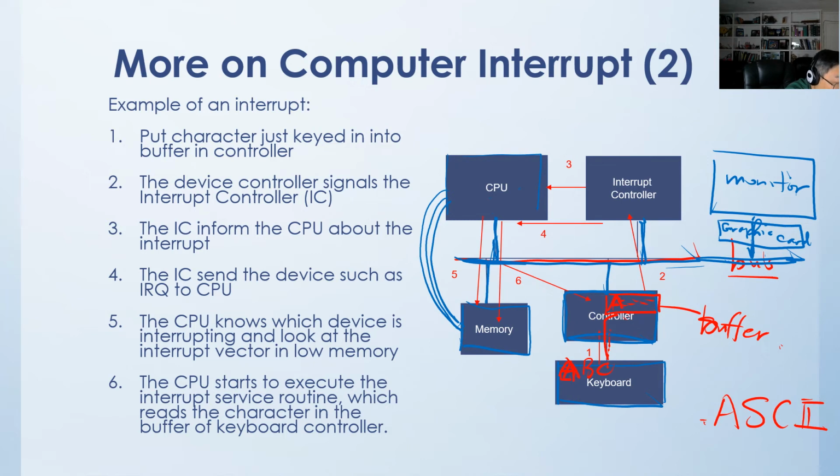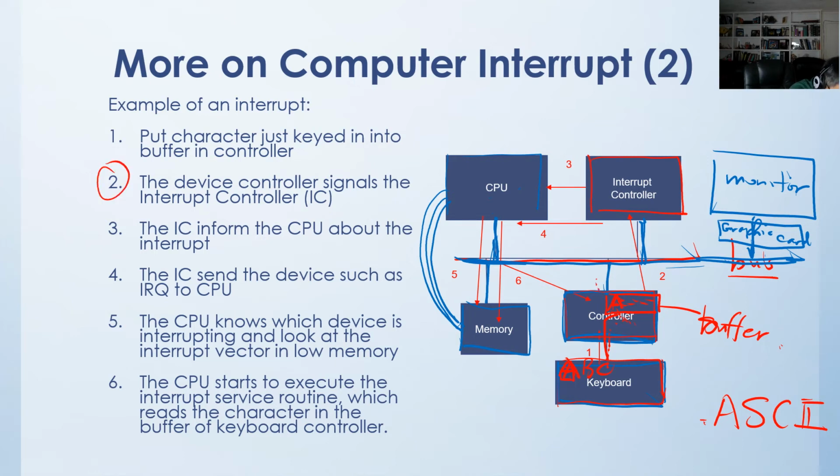Now, when the buffer receives the character A, the controller figures out that someone has tried to type a character. So in this case, the device controller sends a signal to one of the devices in the computer system called the interrupt controller, IC. That's step 2.